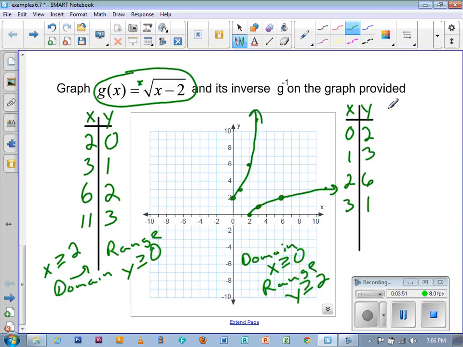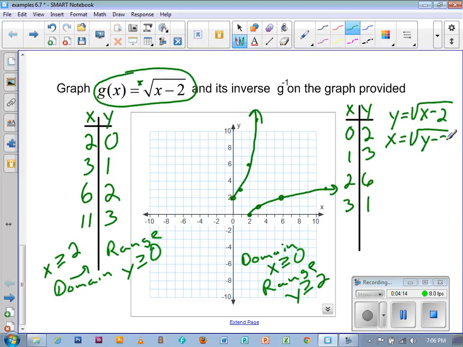The equation will look like this. Let's rewrite it: y is equal to the square root of x minus 2. If we reverse the x and y's around, it looks like this.